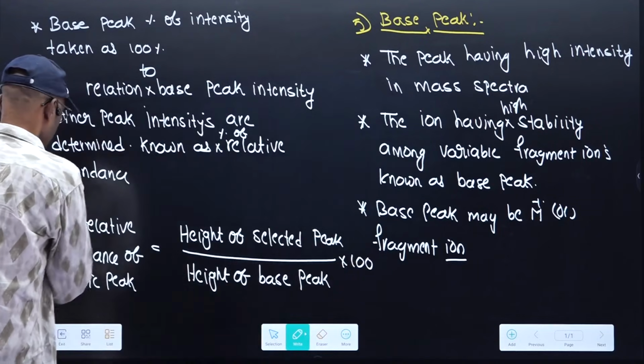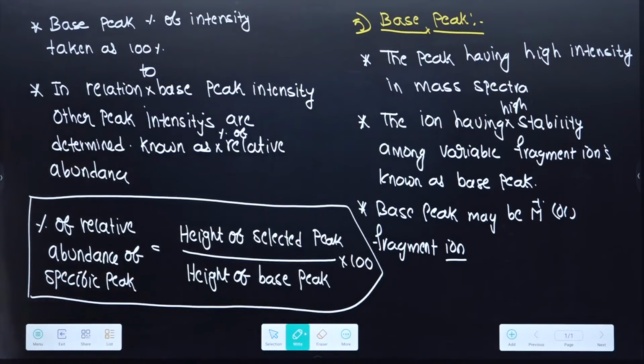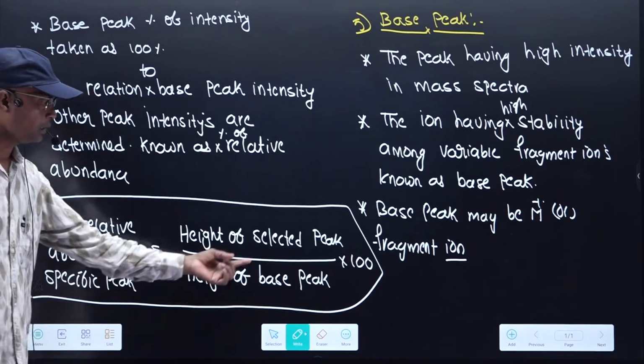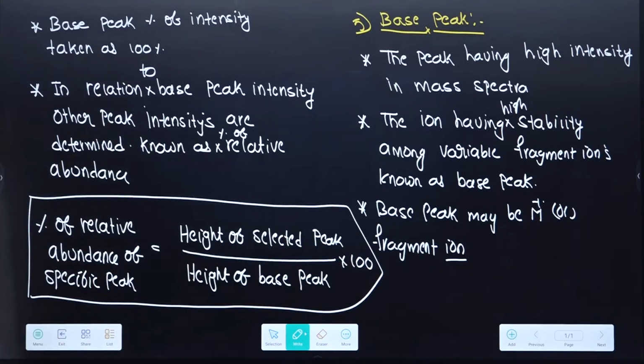This is the formula. You need the height of the selected peak and the height of the base peak, and if you multiply by 100, that gives the percentage of relative intensity. Clear?